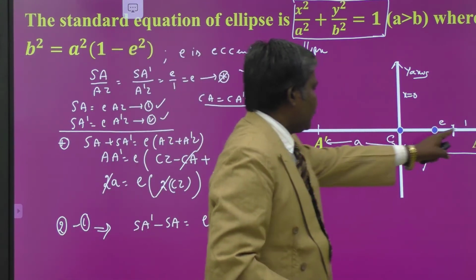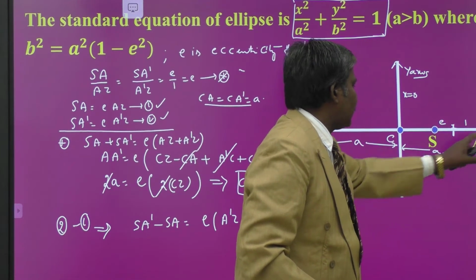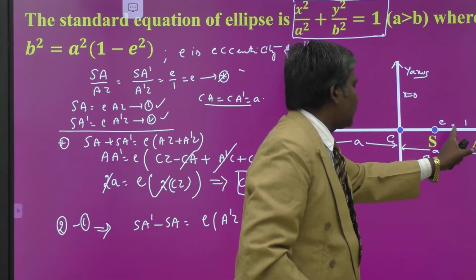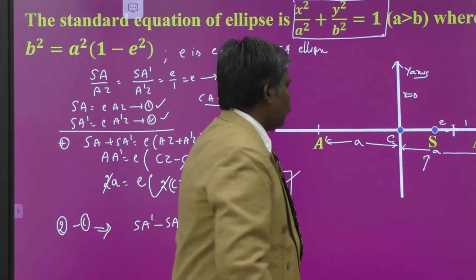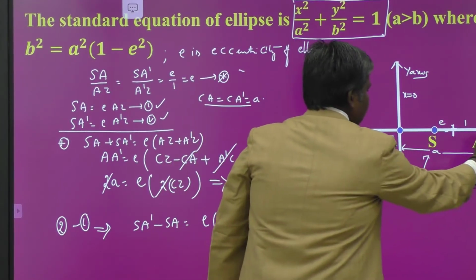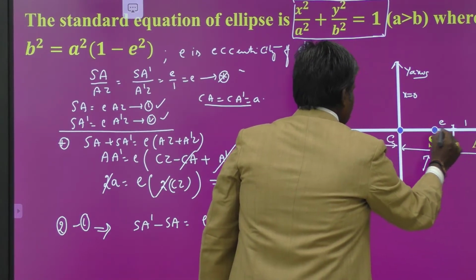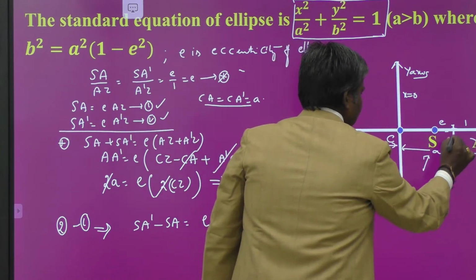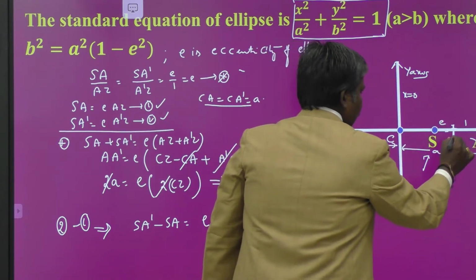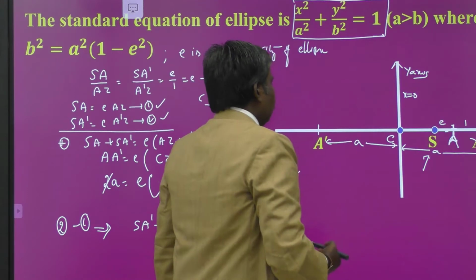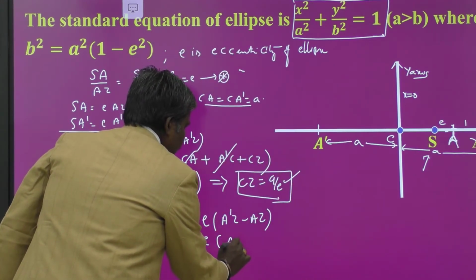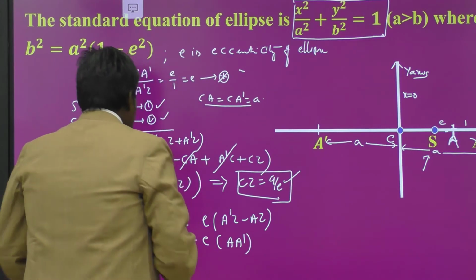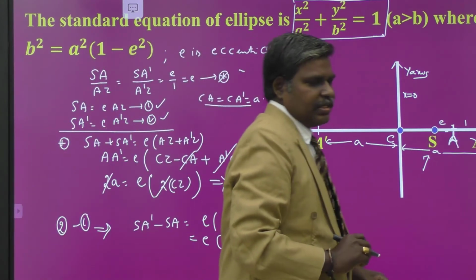A dash Z minus AZ is nothing but A dash. This is A here. Don't confuse. This is my A. Now E times of A dash is equal to SA dash minus SA.